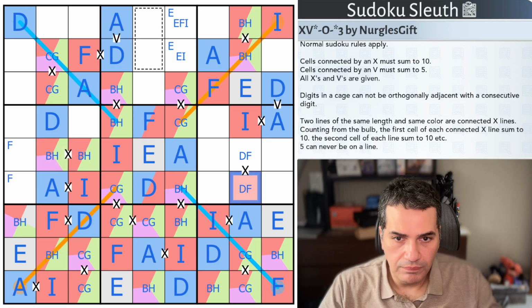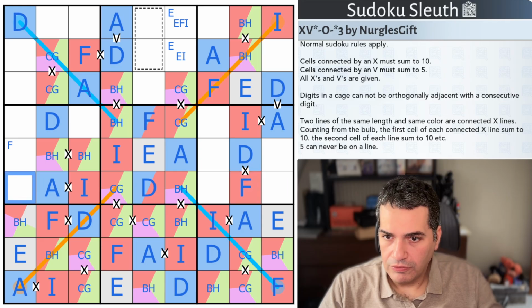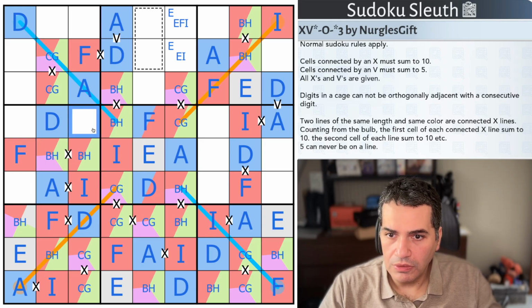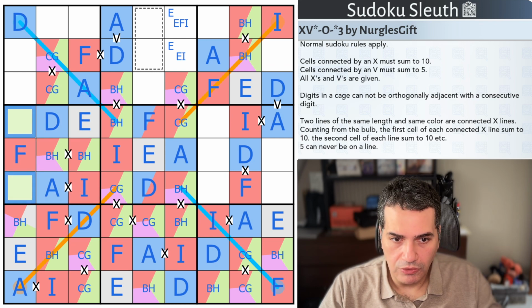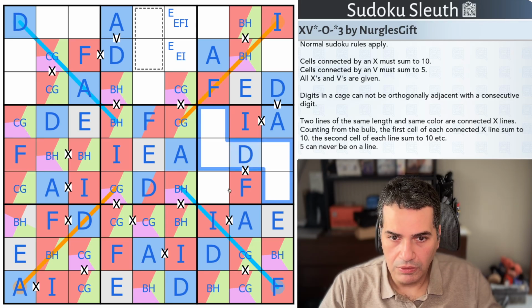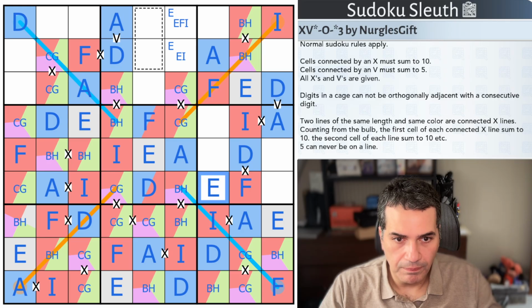This is not D. And that's D. This is not F. That is F. E is not here. That is E. I've placed D, F, A, I. These are C and G in some order, and the purple one is up here. Okay, not E, not E, not E. Have I placed all the E's yet?